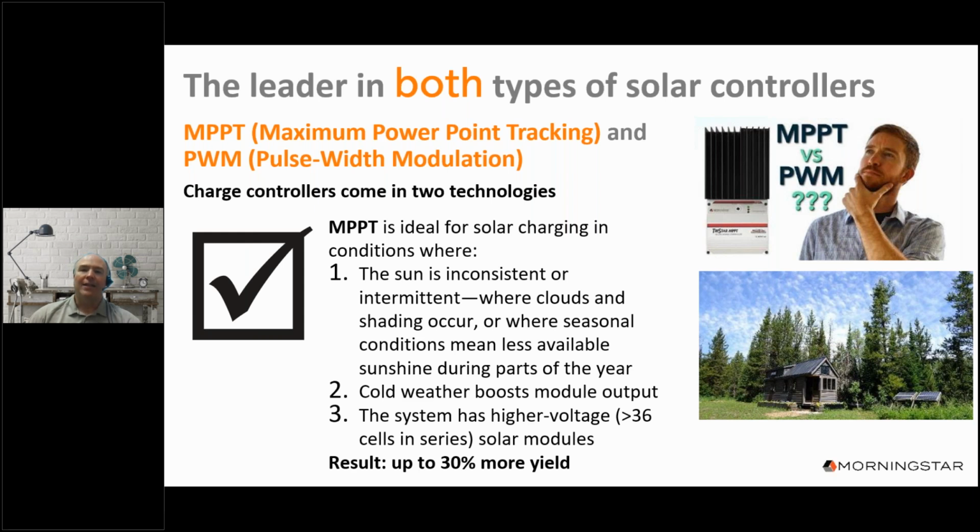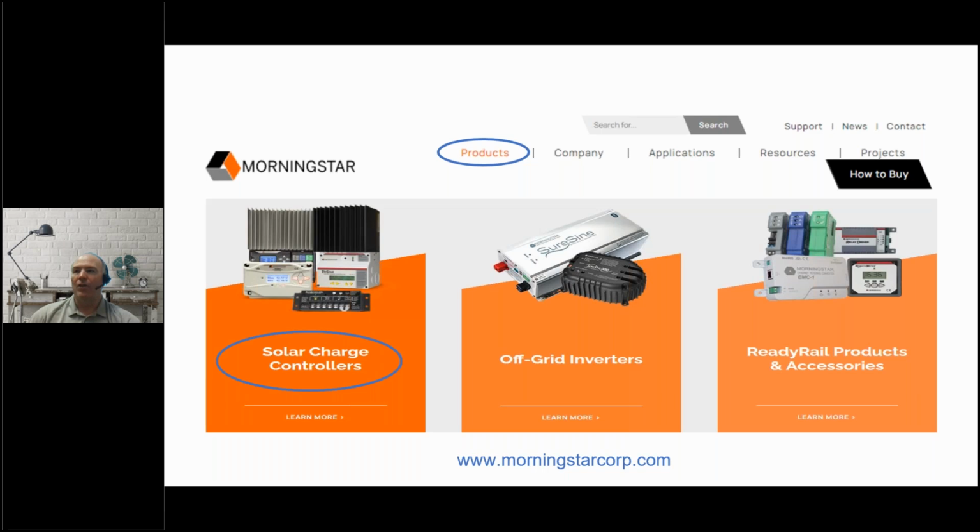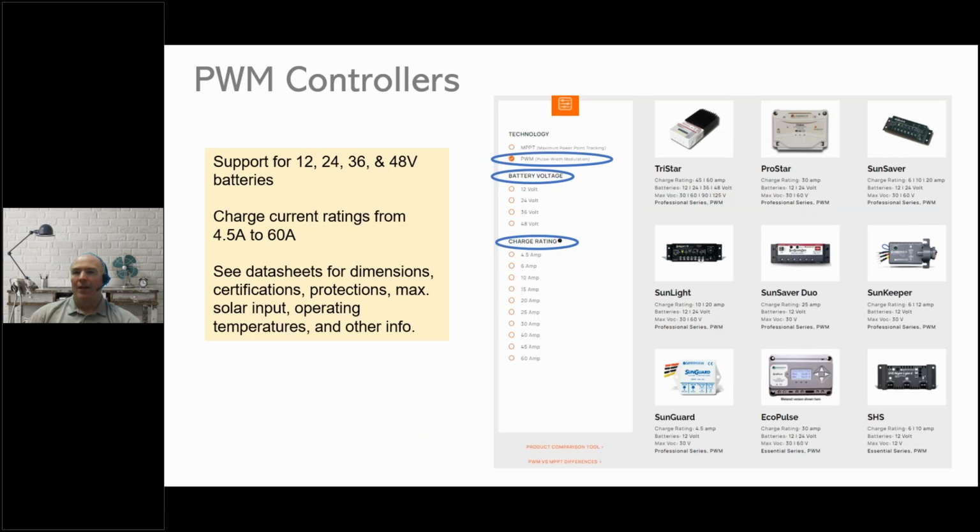And here's how to access information to help you choose the right PWM or MPPT charge controller that meets the specifications for your project. So let me advance the slide. If you go to our website, click under Products in the top menu of morningstarcorp.com, and then click on Solar Charge Controllers. If you're looking for basic information concerning PWM controllers, just choose PWM under Technology, and then you'll see all of our PWM controllers.